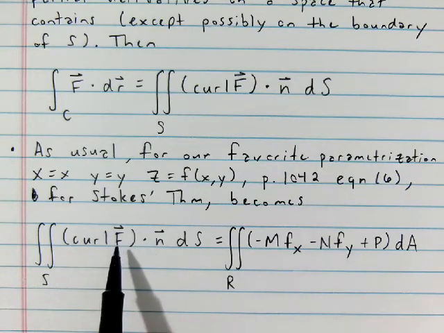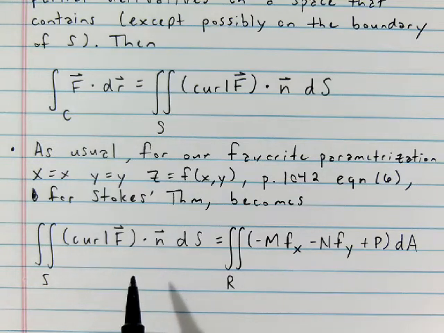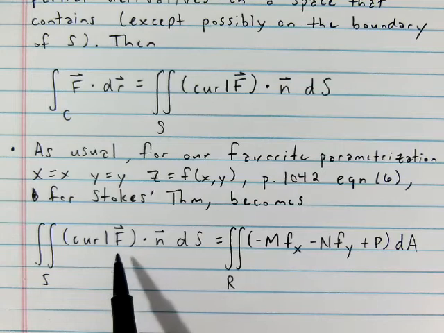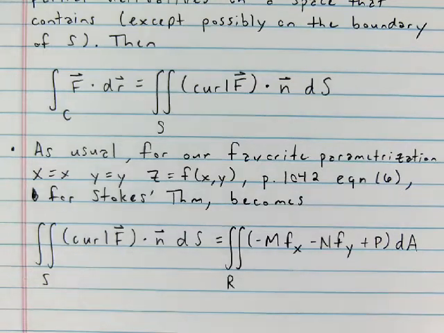So you have to take your curl first. That's why I said make sure you take your curl first when you're doing a Stokes theorem problem, so that you can abandon that vector field F and make sure that you're using the curl of F. That should be your vector field that you're using throughout the problem.